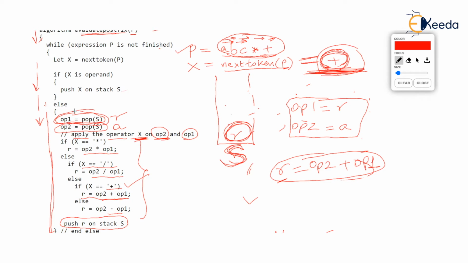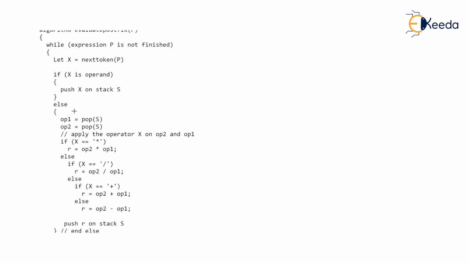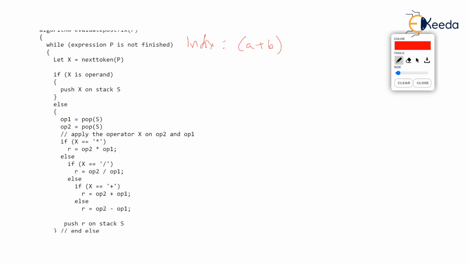Okay, before we end this video, let's see an example again, where in a very quick manner we will see an example. Suppose we had an infix like this. Infix was a plus b upon c minus d into e.